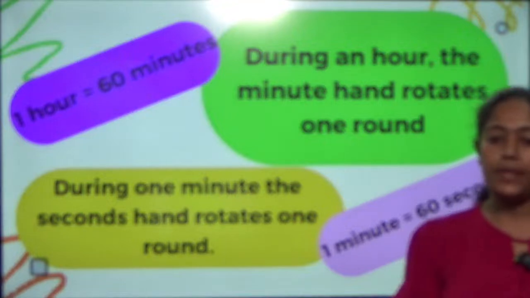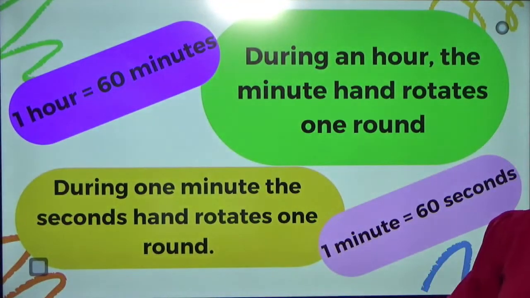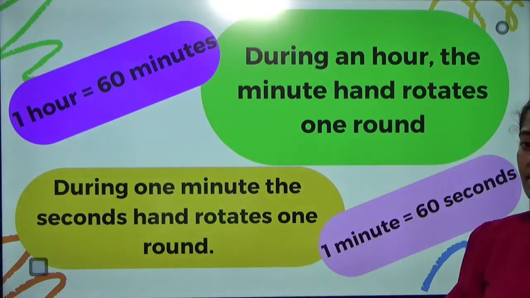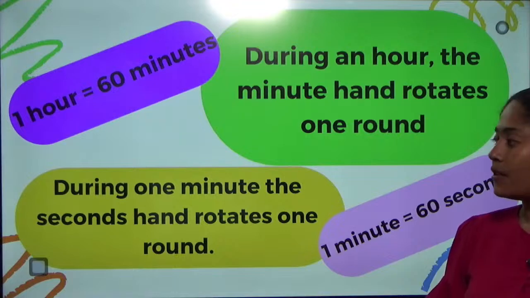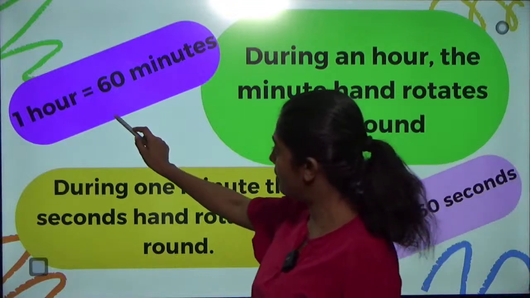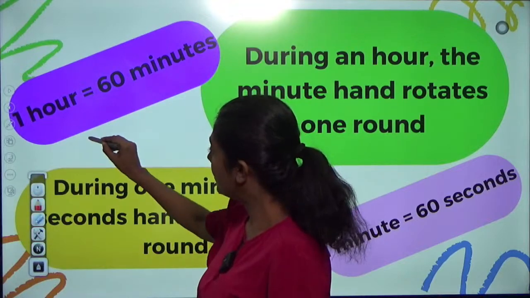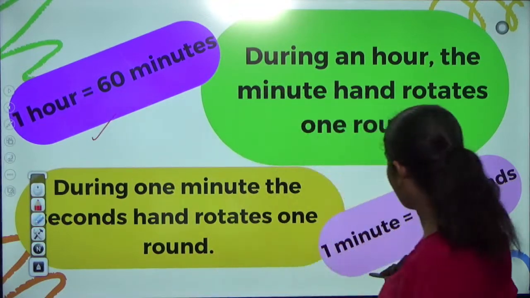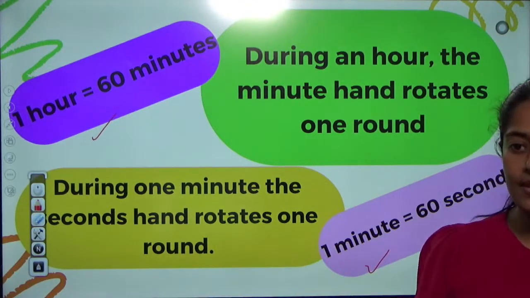Then during 1 minute, the second hand rotates one round. So, 1 minute is equal to 60 seconds. Is that okay? So, you have to note down this one and this one, the two purple ones, because you need these things when you are doing sums.